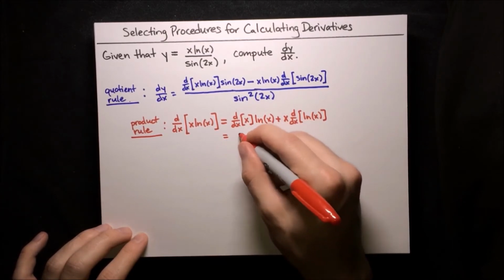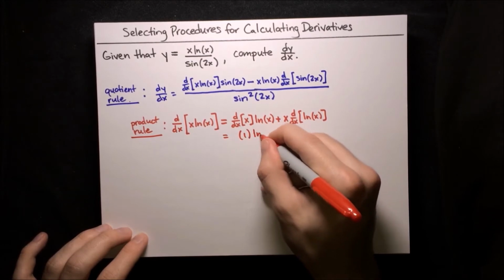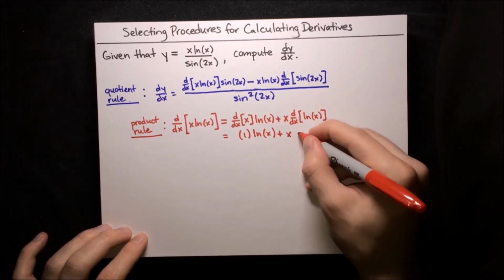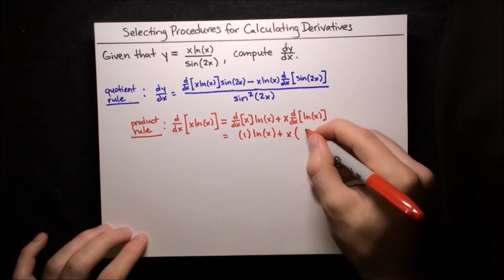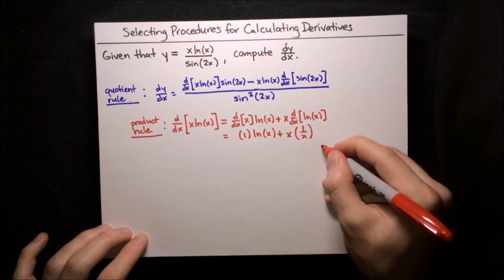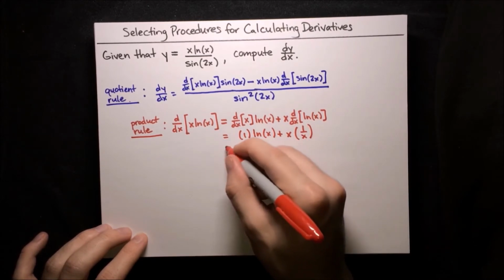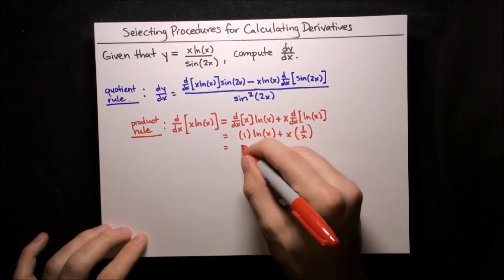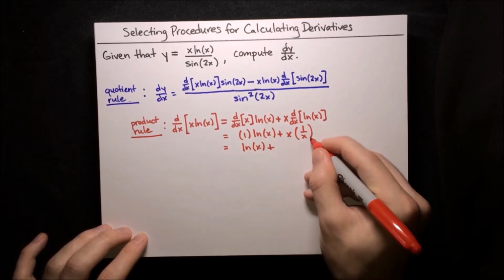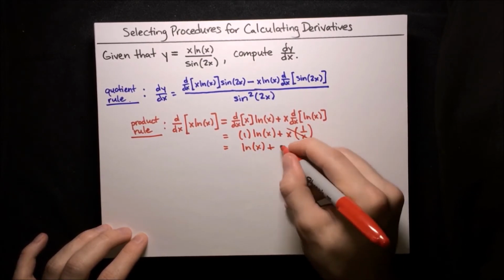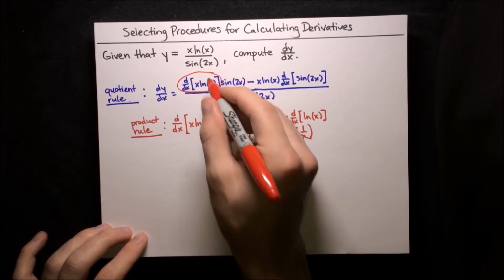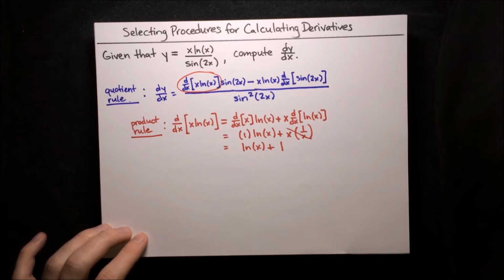The derivative of x is just 1, so 1 times natural log of x, and then plus x times the derivative of natural log. The derivative of natural log is just 1 over x. And let's simplify this a bit. So this becomes just natural log, and then plus x times 1 over x. These cancel, and it just comes to 1. So that's what this derivative comes out to: natural log of x plus 1.